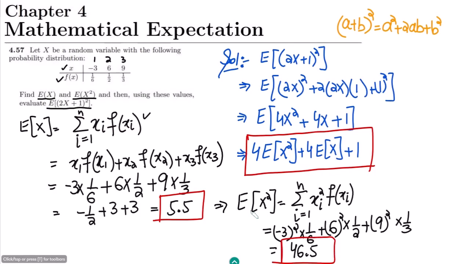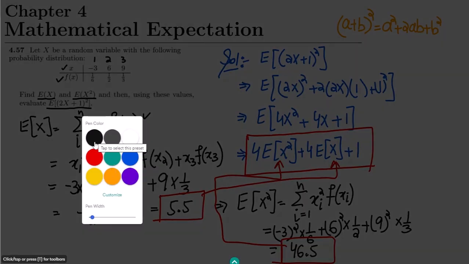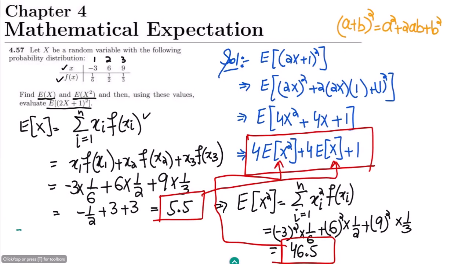Okay, so we know the value of E of x. Here it is. Let me put it here. And the value of E of x square, let me put it here as well. So let me put these values here and use this color for it. We would get 4 multiplied by E of x square, and this is 46.5, plus 4 multiplied by 5.5 plus 1.